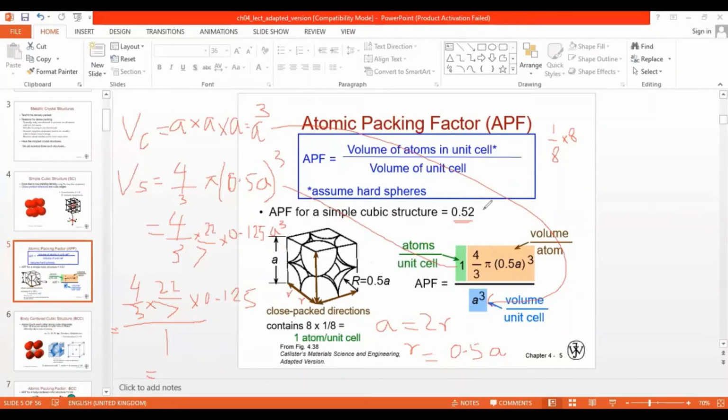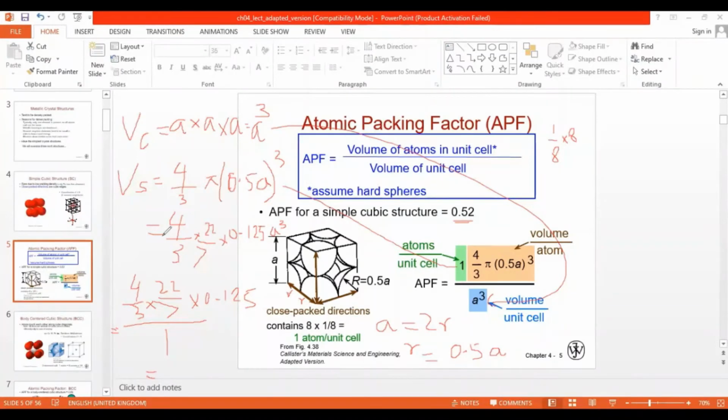So here in simple cubic structure, the ratio of atoms to the ratio of void space is 0.52. So here in the simple cubic structure, only 0.52 of the volume is filled with atoms, while the remaining 0.48 is empty. All right.